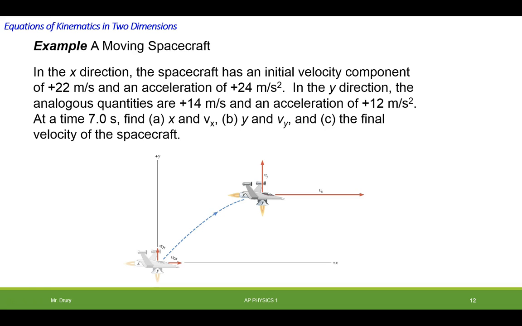At a time of 7 seconds, we want to find A, the final position in the x and the final velocity in the x, B, the final position in the y and the final velocity in the y, and C, the final velocity of the spacecraft altogether. So we're trying to find the x and y position, the two components of the speed, and the final speed.